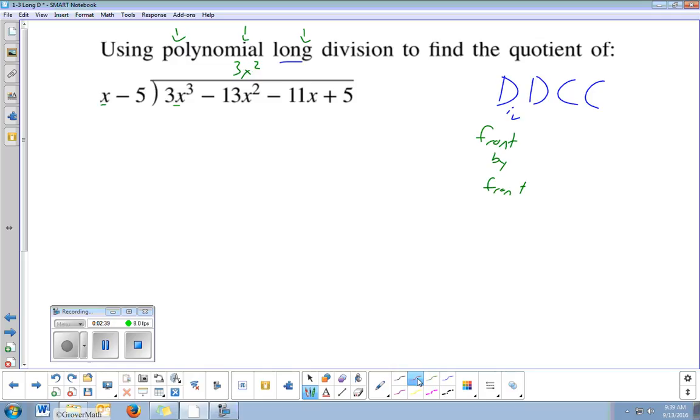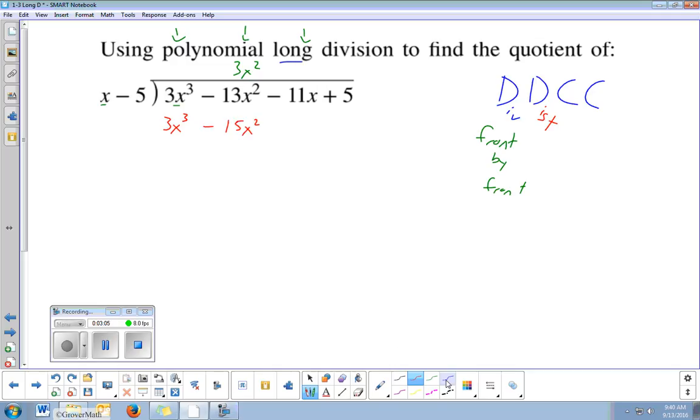The second step is to distribute. We have to distribute the 3x squared to everything in the divisor. So we distribute 3x squared to x minus 5, and we write it down here. So 3x squared times x is 3x cubed, and 3x squared times negative 5 is negative 15x squared.